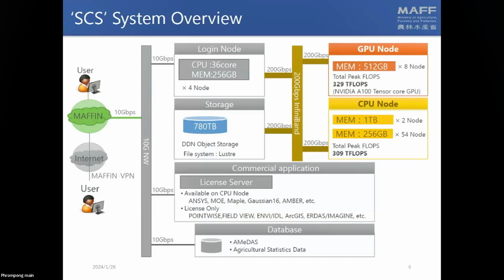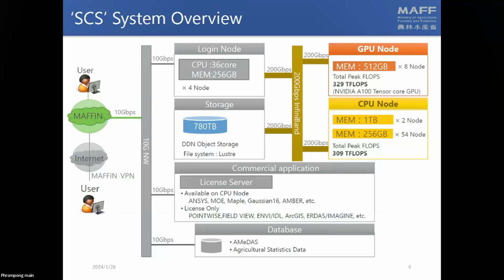Storage is managed by DDN's object storage with a total capacity of 780 terabytes. The file system is Lustre. The users can retrieve the licenses of commercial applications from the license server, and the applications can be allocated to the front-end compute nodes and the user's local machine.